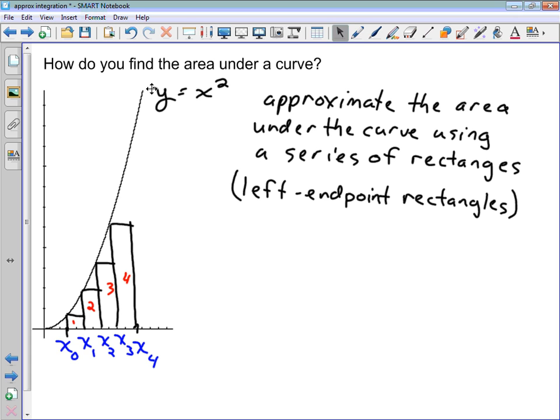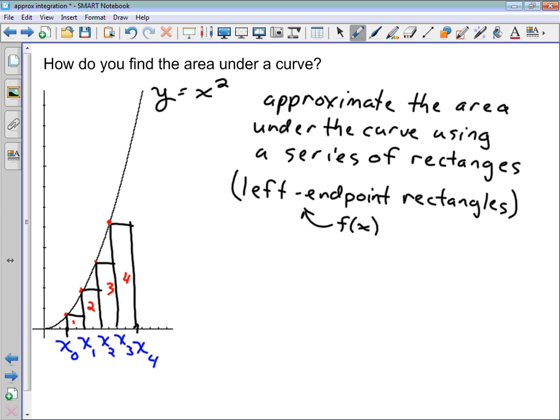Because the left side of each of these rectangles touches my function, y equals x squared, so the left endpoint is on the curve. Another way of describing this is that the left endpoint is on f at x.